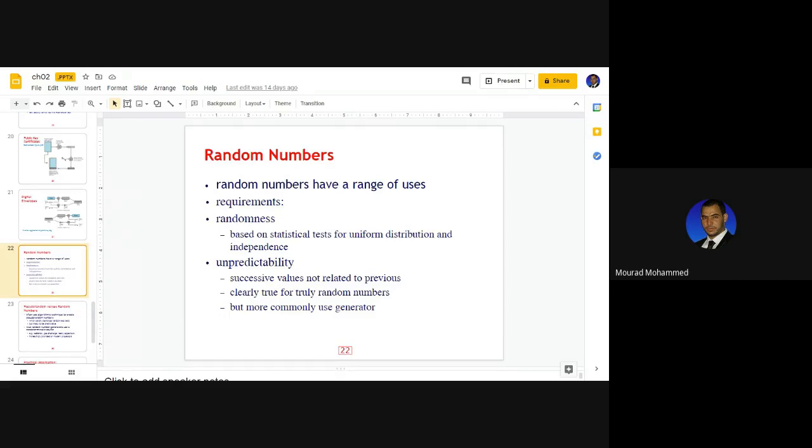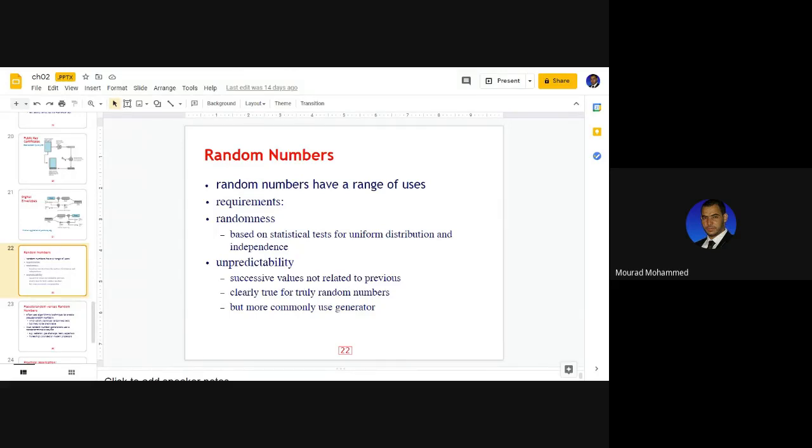Generating random numbers is one of the solutions we adopt in order to generate keys. We just use an algorithm or a standard that generates random numbers. This is one of the solutions.